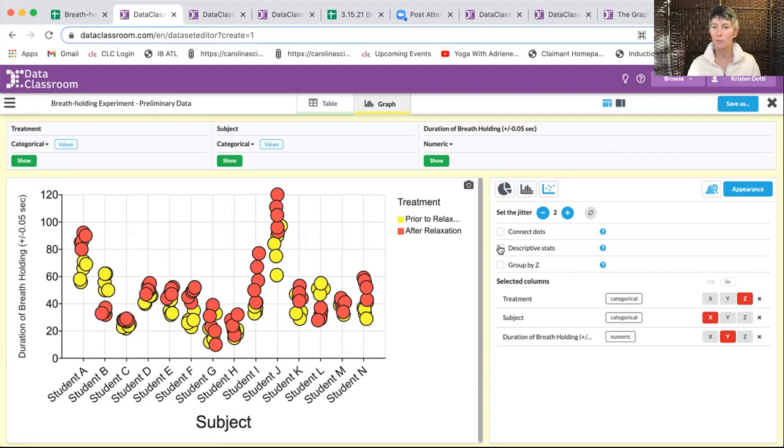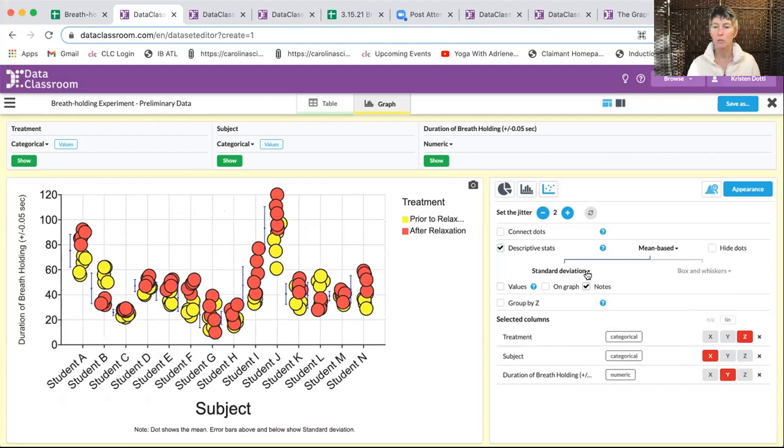So I press descriptive statistics, and it's going to automatically give me standard deviation because that's the last thing I did. So if it had shown me instead the 95% confidence interval, that's not a choice I would give my students. I do not want them showing the confidence interval because this is just student data for each sample between multiple trials.